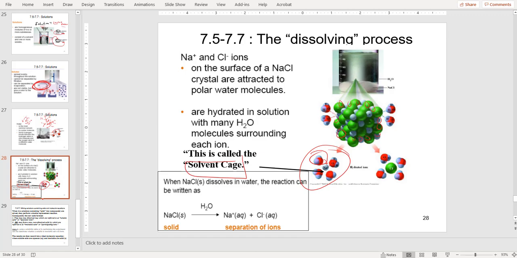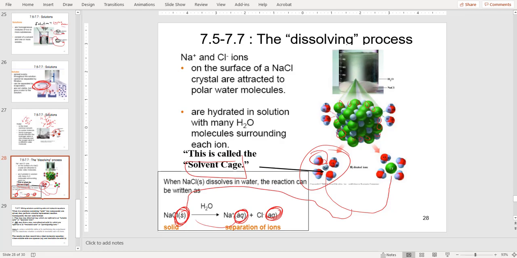Because the substance is surrounded in solvent cages and it floats around in water, we say it goes from being solid, S, to being dissolved in water, or aqueous.